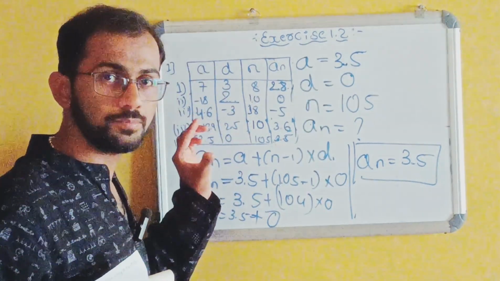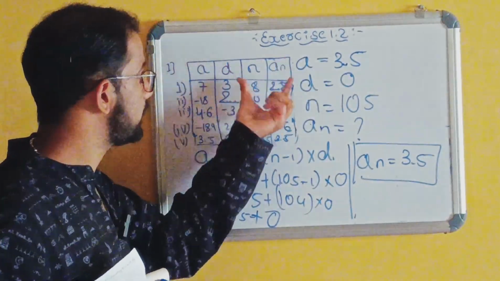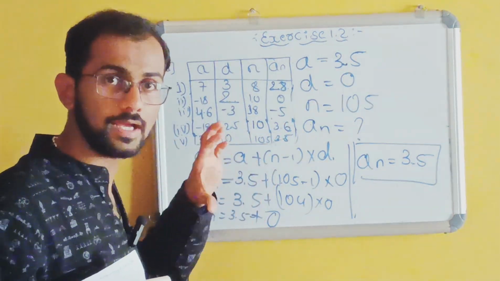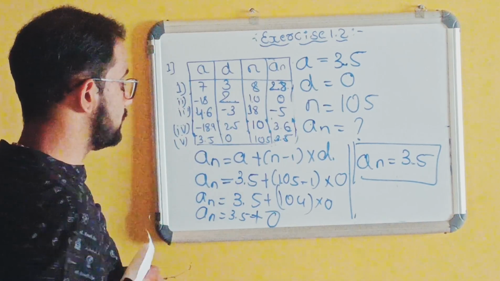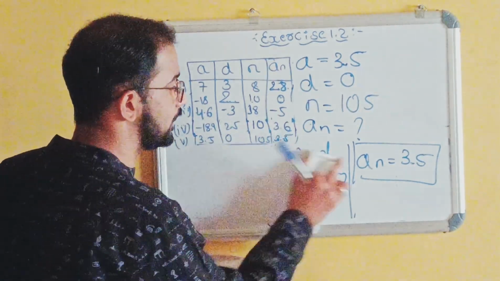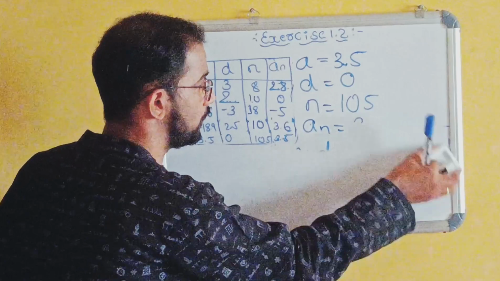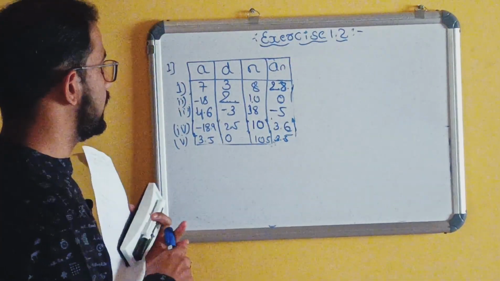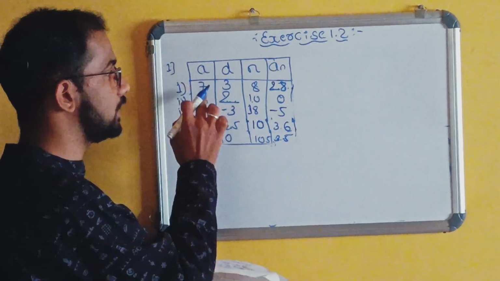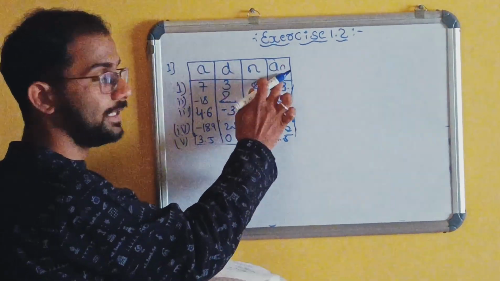So I will now brief what we have done in this particular question. Here in this question, they have given some of the data: the value of A, D, N, AN.